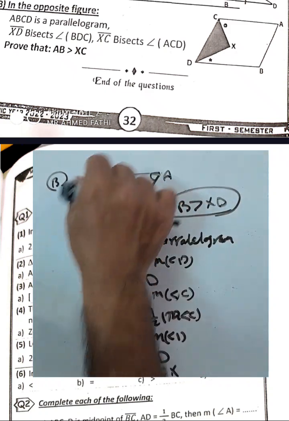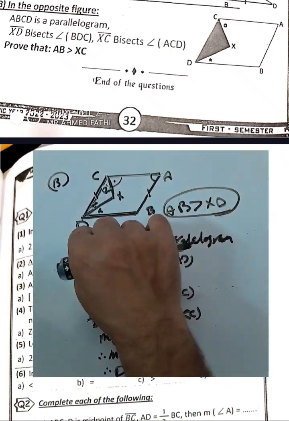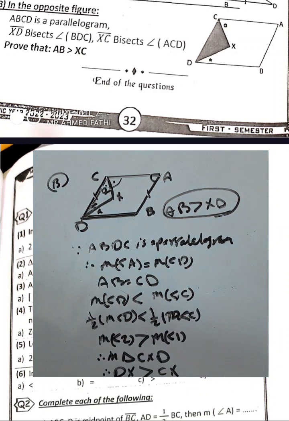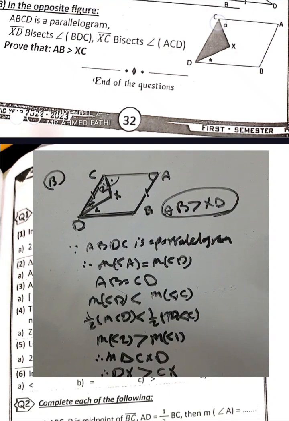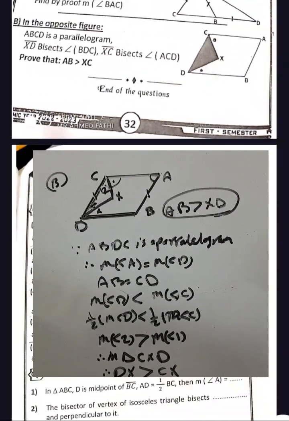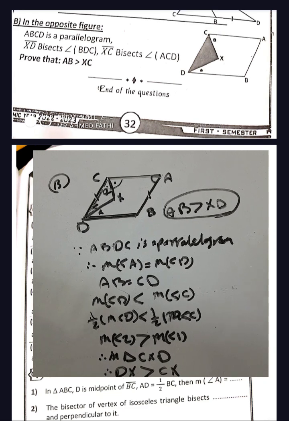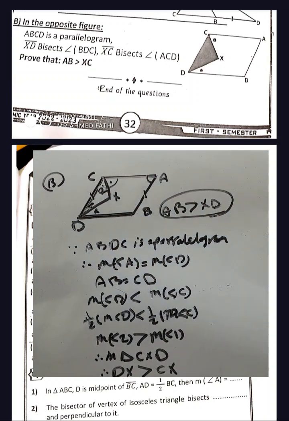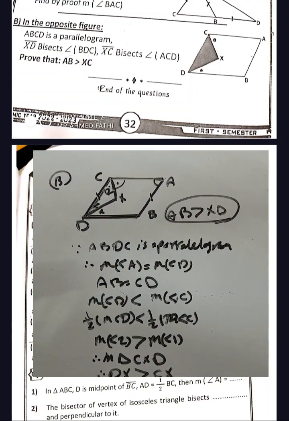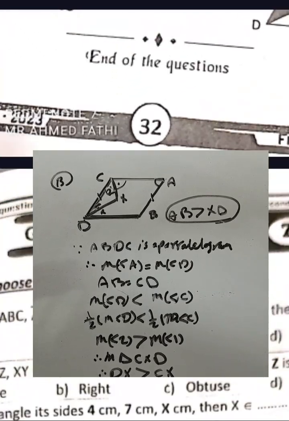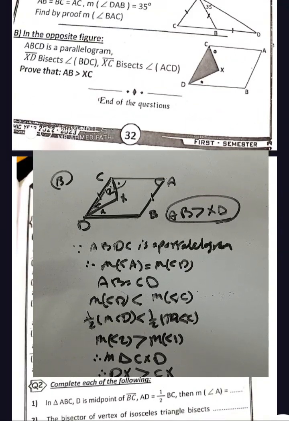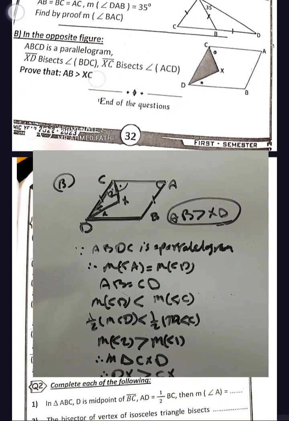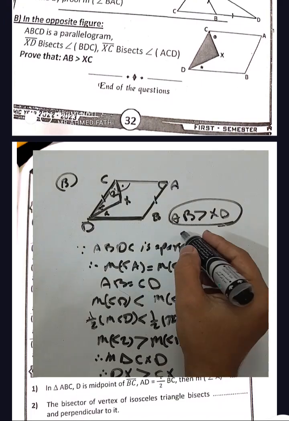If you replace this, it will be AB greater than XD. You must change this C to D so the result will be exactly right. So you must change this, prove that AB is greater than XD. Cancel C here and write D, because when the teacher wrote the example, he replaced the C with D. Then AB is greater than XD.